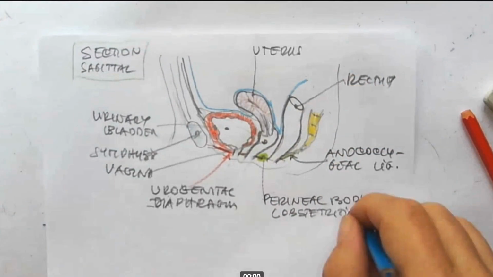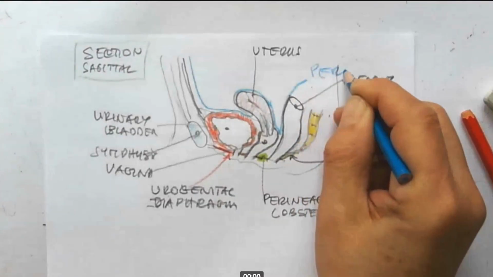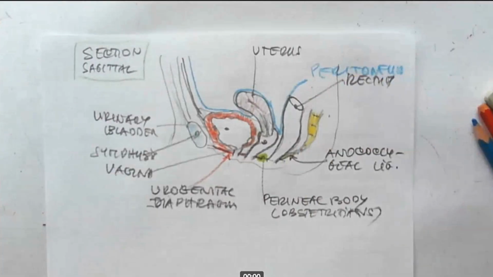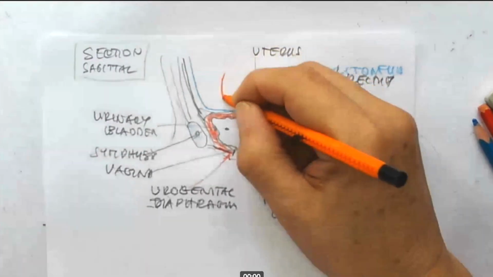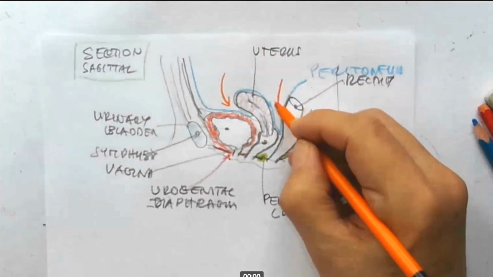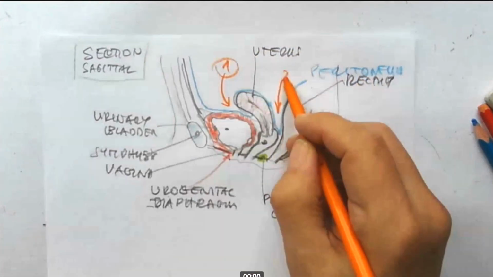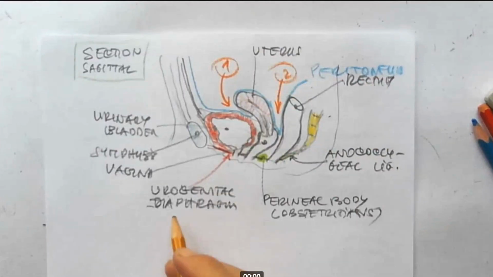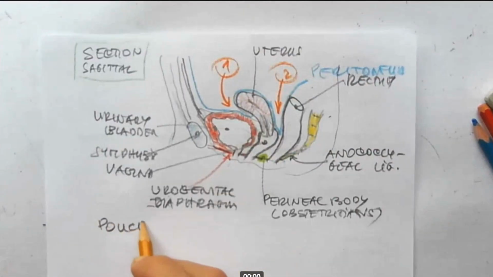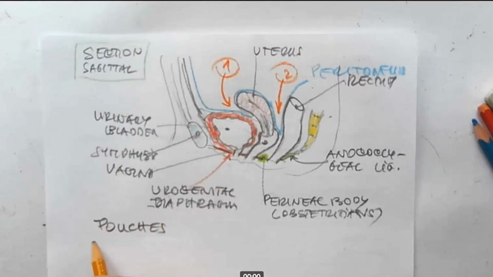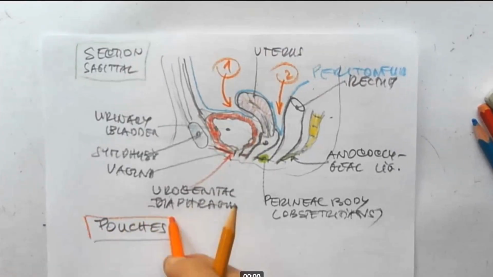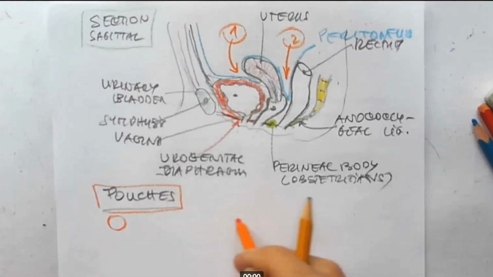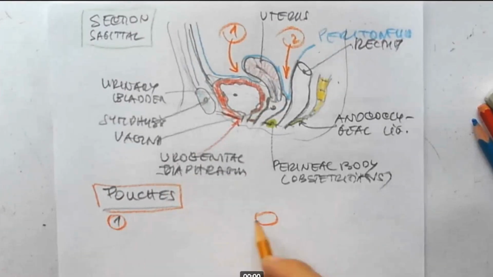So if we see the position of the peritoneum, we can see two depressions, using numbers and orange color. Number 1, number 2. There are two pouches.